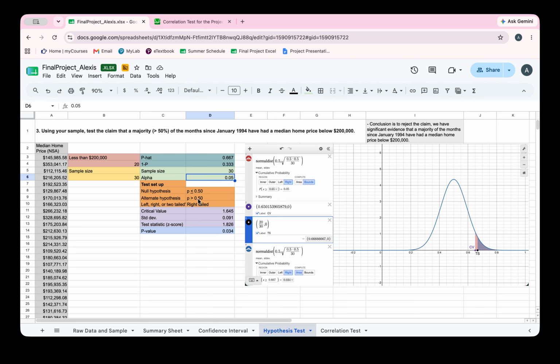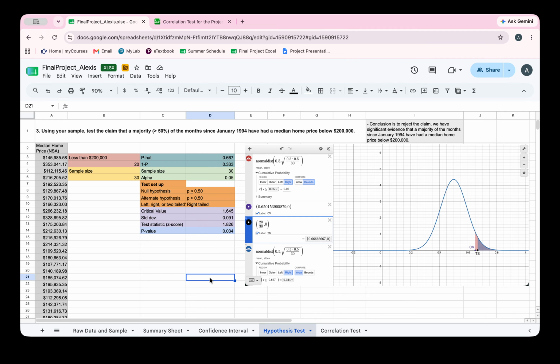And the alternate hypothesis here, and you can see it's in orange, is greater than 50%, which the alternate hypothesis is the claim. From my calculations, my test statistic, the z-score, is 1.826, and my p-value is 0.034.